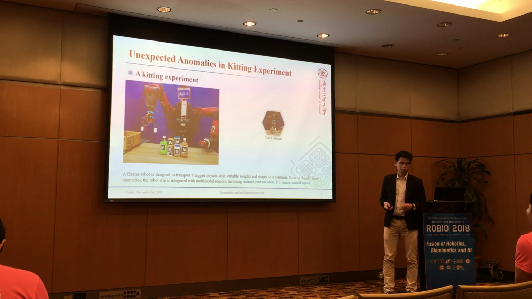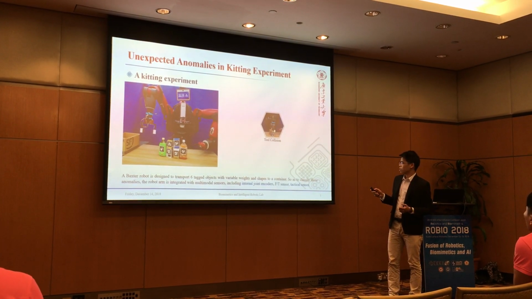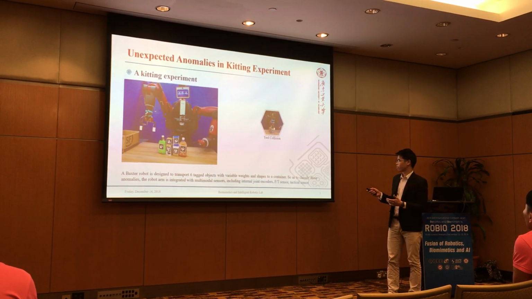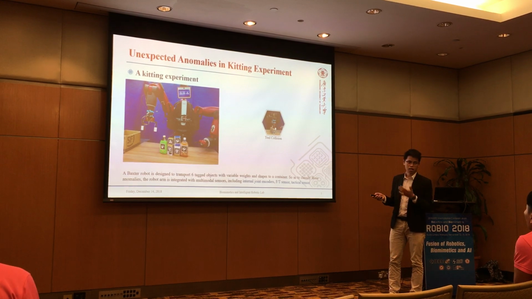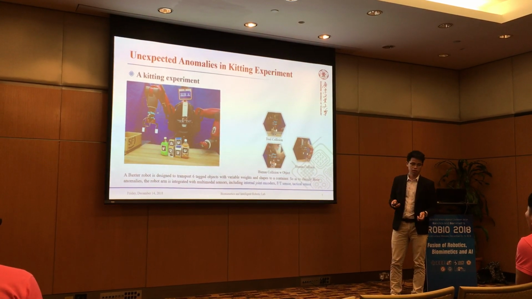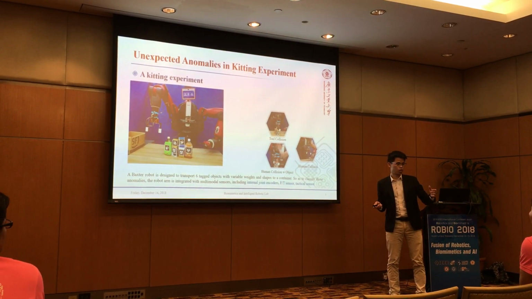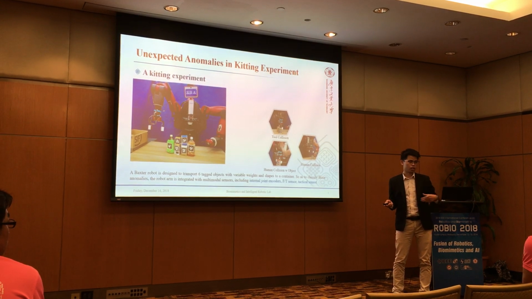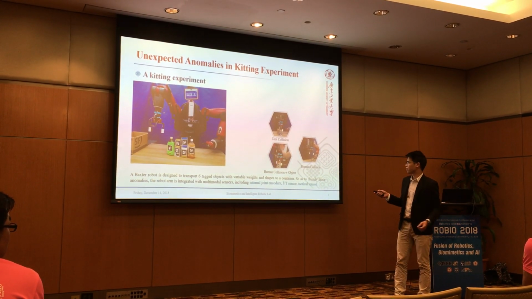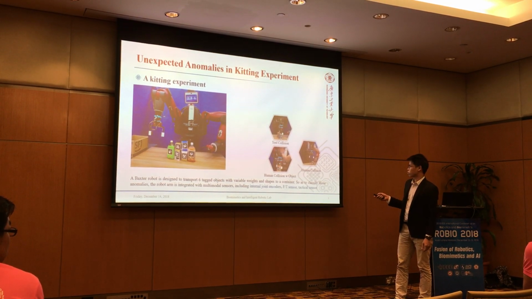In this kind of environment, we should have several anomalies. For example, the tool collision, as I showed before. Another type of anomaly is the human collision. For example, if a human hands over an object to the robot in a human-robot shared workspace, we may have a human-robot collision.